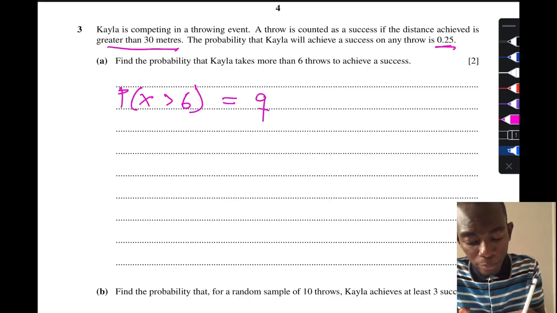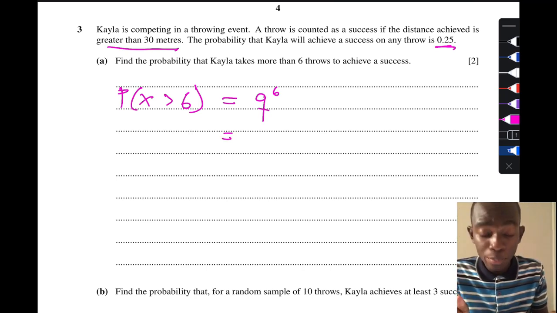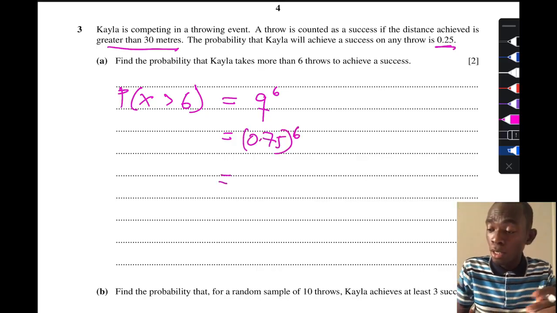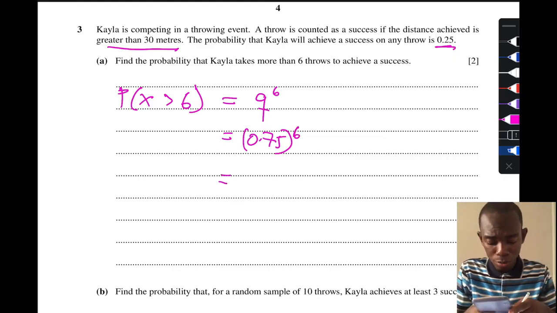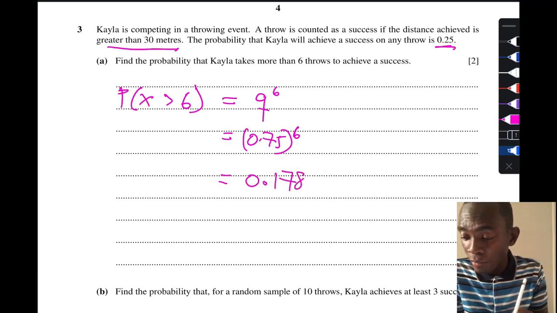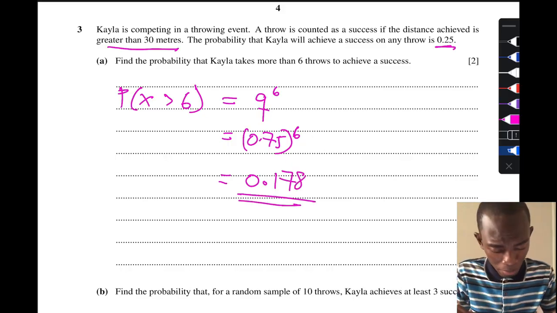So Q raised to the power 6. Remember they said that the success is 0.25, so the failure will be 0.75, so 0.75 to the power of 6. Great. So let's grab our calculator, 0.75 to the power 6, and that is 0.178. That is 3SF, okay?